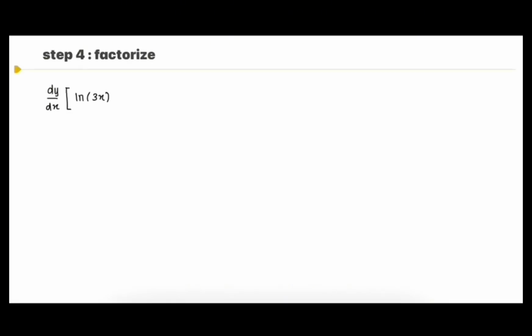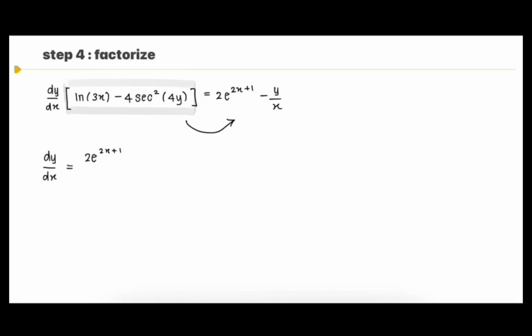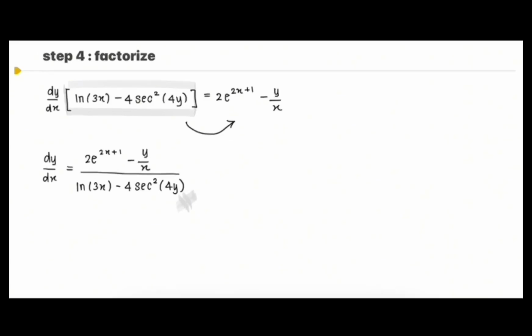What we want is dy/dx on the left side only. So we'll factorize ln 3x minus 4 sec squared 4y into one place so that we can move it to the right side. When we move it to the right side, multiplication will become division. So our final answer is dy over dx equals 2 times e to the power 2x plus 1 minus y over x, all over ln 3x minus 4 sec squared 4y.